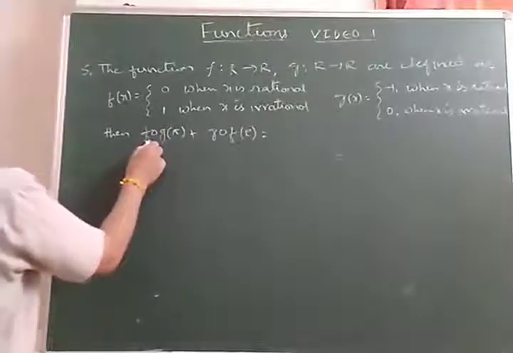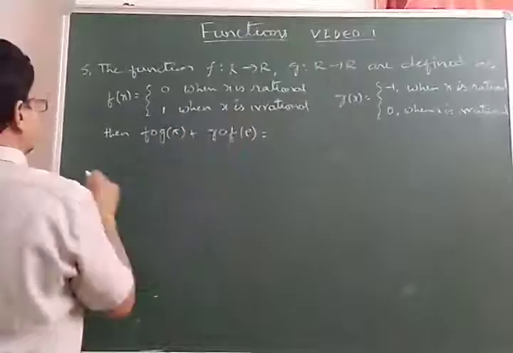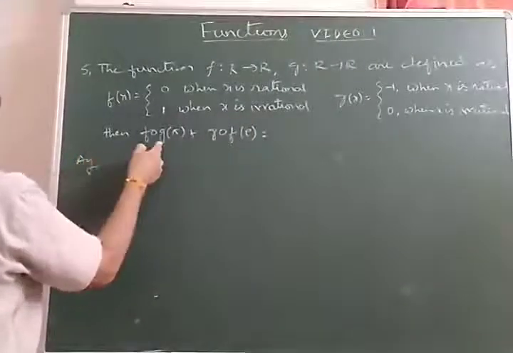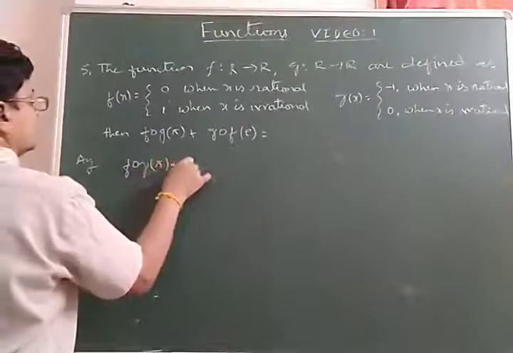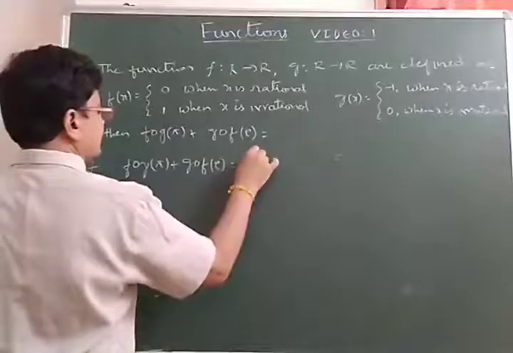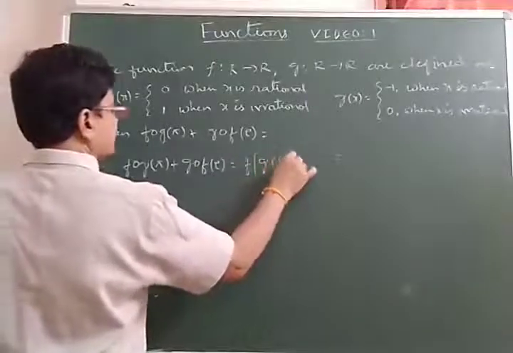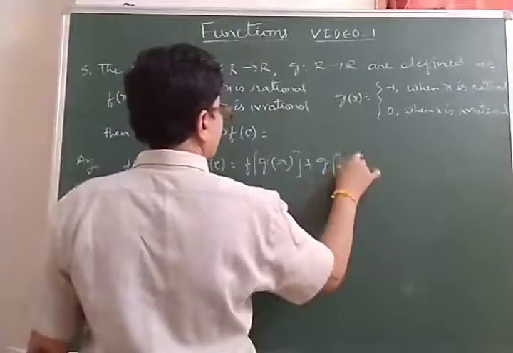Then what is the value of f circle g of pi plus g circle f of e? So f circle g of pi plus g circle f of e can be written as f of g of pi plus g of f of e.